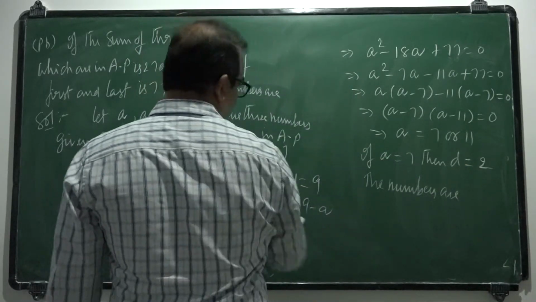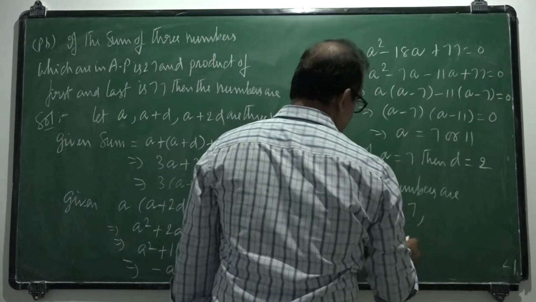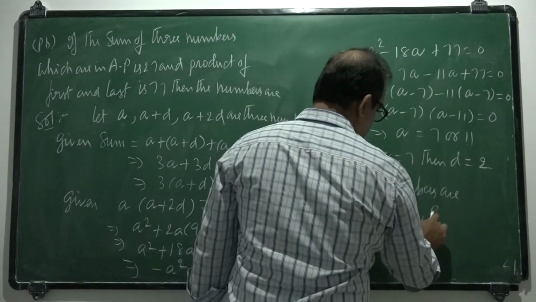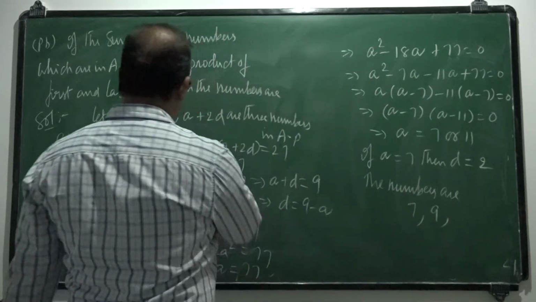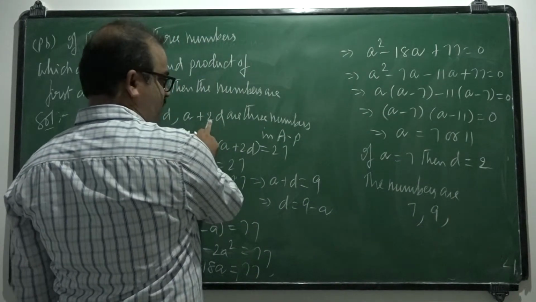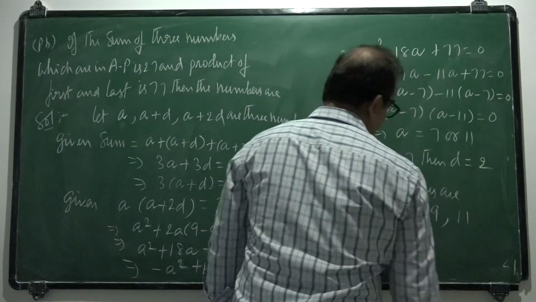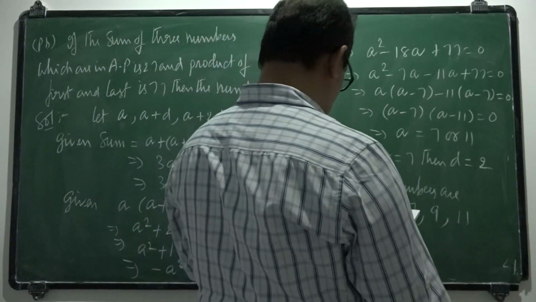First number a is 7. Second number a plus d, 7 plus 2, 9. Third number a plus 2d, 7 plus 2 into 2, 4, 7 plus 4, 11. Okay.